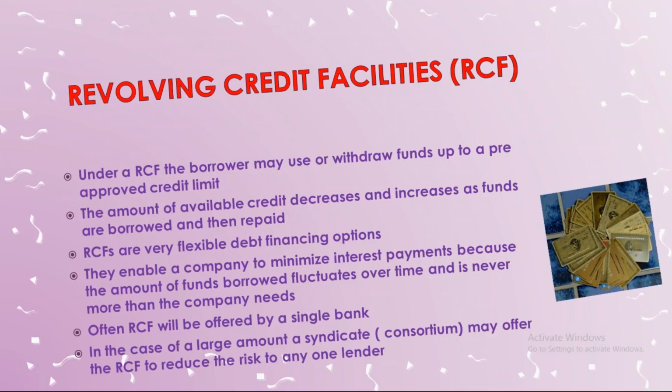So rather than one bank taking the big risk of giving a big facility, they will get together and give it, and they will share the interest or the profit according to the portion they have given. So this is essentially long-term loans where you have a facility which is somewhat fluctuating, and it can be a very flexible kind of financing arrangement.